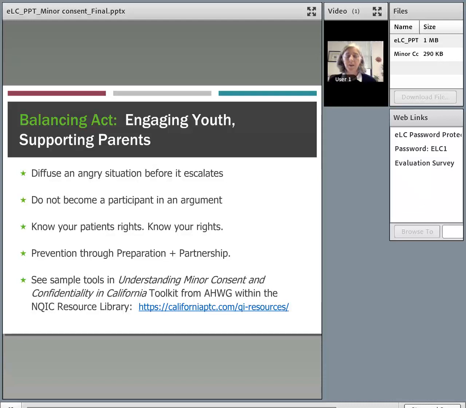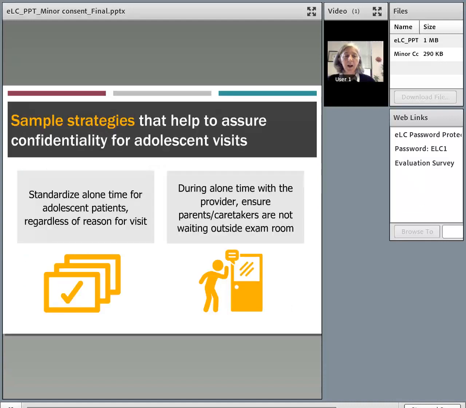It's something that we do for everyone. There's a lot of wonderful tools available in the NQIC resource library with sample letters and posters. There's also a number of wonderful tools that you can share with parents and with your clients on confidentiality and the important role of parents in helping their child develop that independence in a toolkit called Understanding Minor Consent and Confidentiality in California, which is, I believe, a link in your files.